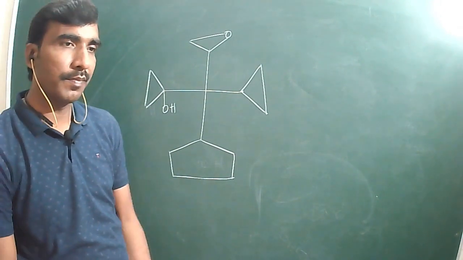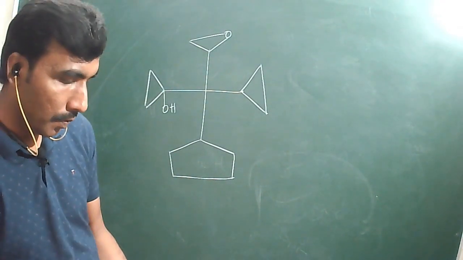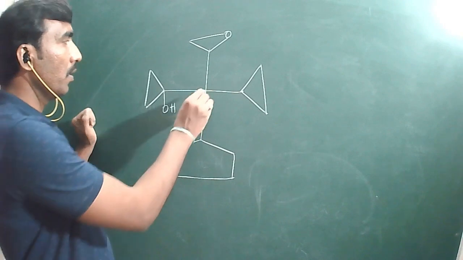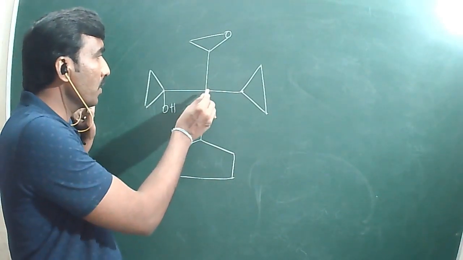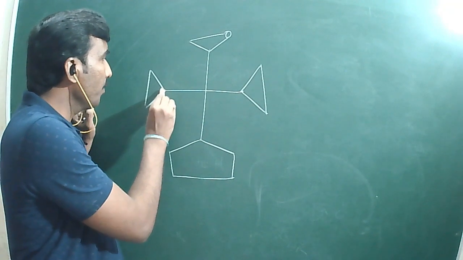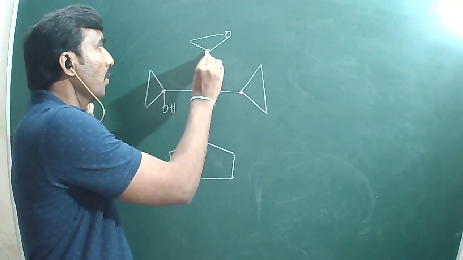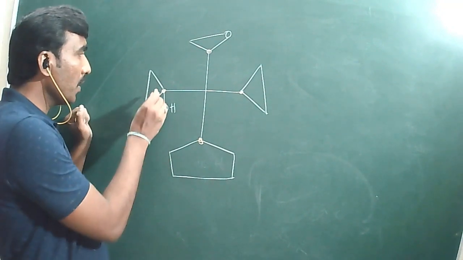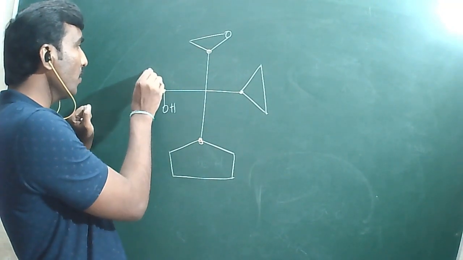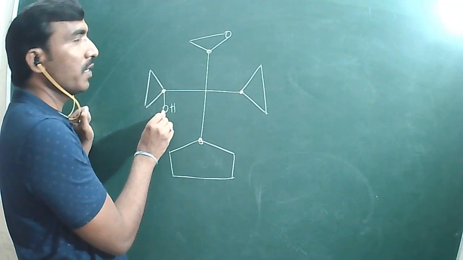Listen to me. This is the chiral center. So the first priority should be given to here. This is carbon, carbon, carbon, carbon. Right. And after that, this carbon is attached with 2 other carbon atoms and 1 oxygen.